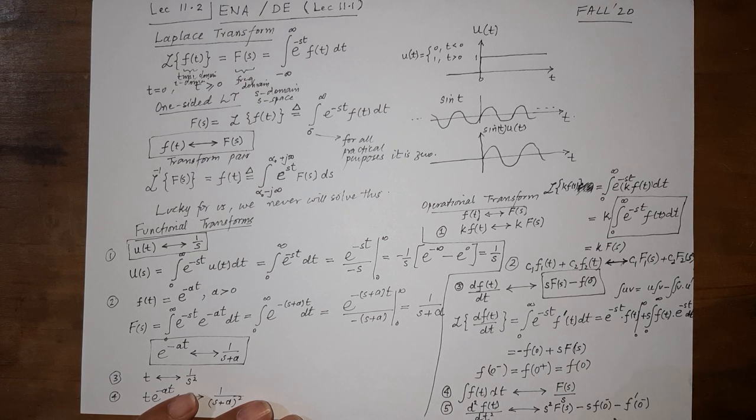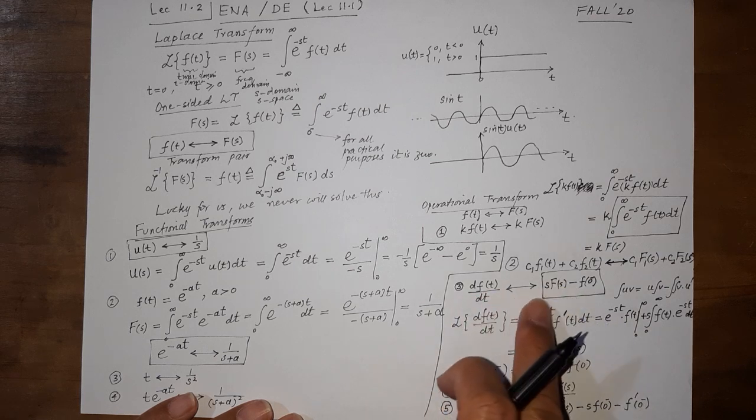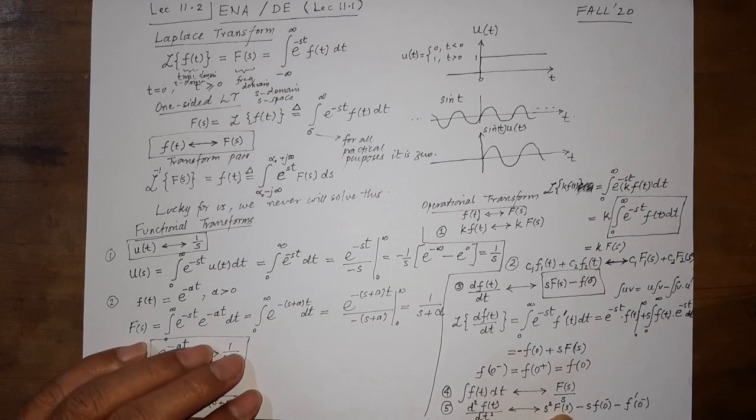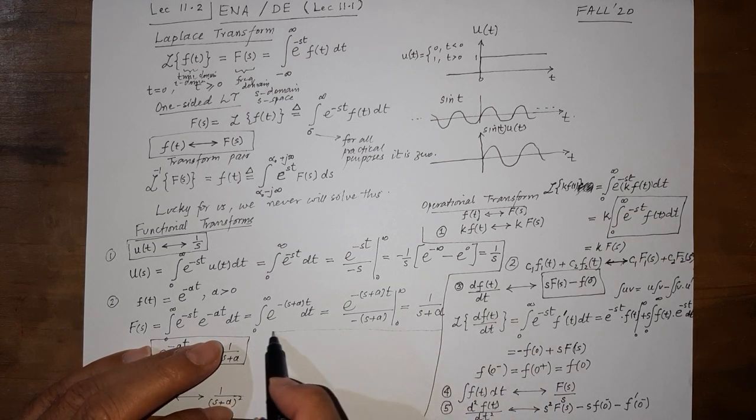So prove this. How to prove this? It's very easy, because the second derivative of a function of time can be written as the first derivative of f dash of t. So we can use this result now in finding this. So how would this be? Let me try to use this space in finding this.